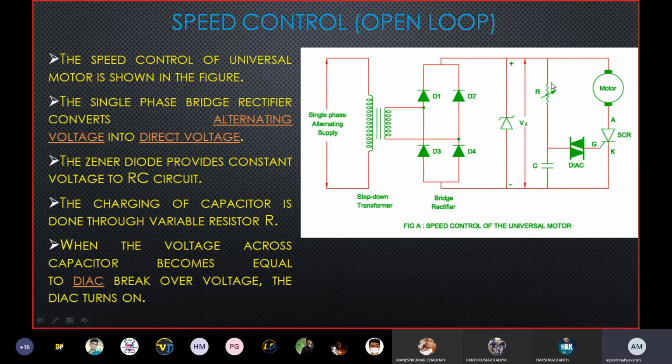When the value of resistor is increased, it takes more time to give supply to the motor, and speed will reduce.